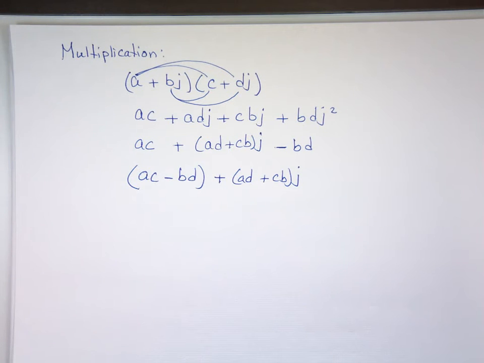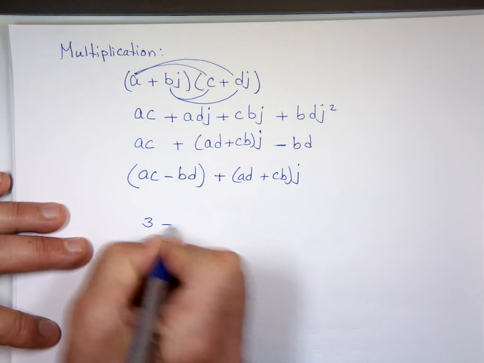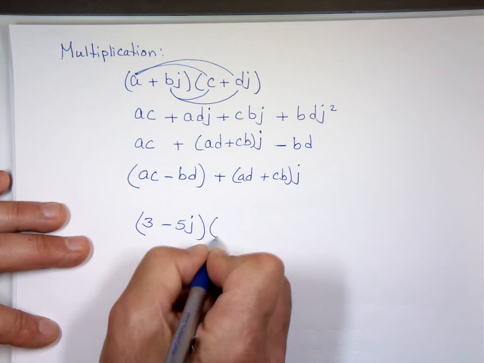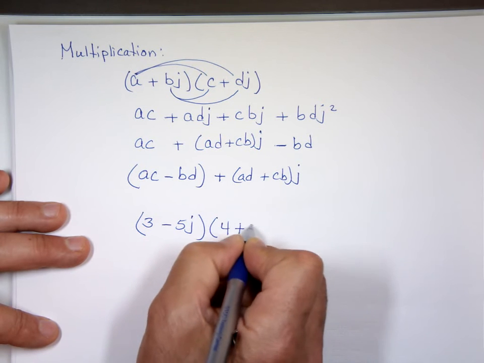Let me take a few examples and see what the answer is. Three minus 5j times what? 4 plus 2j.